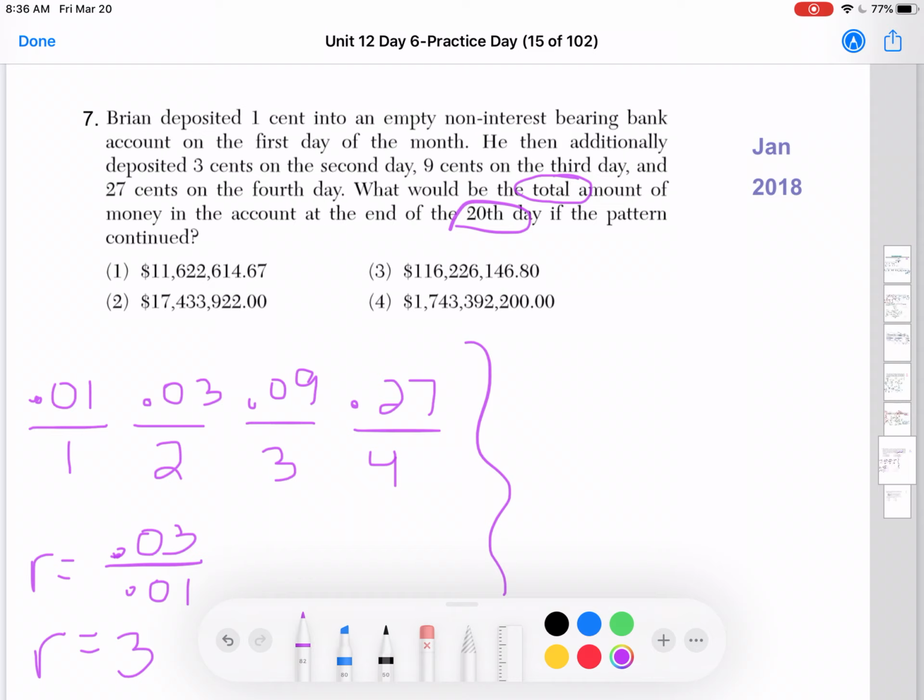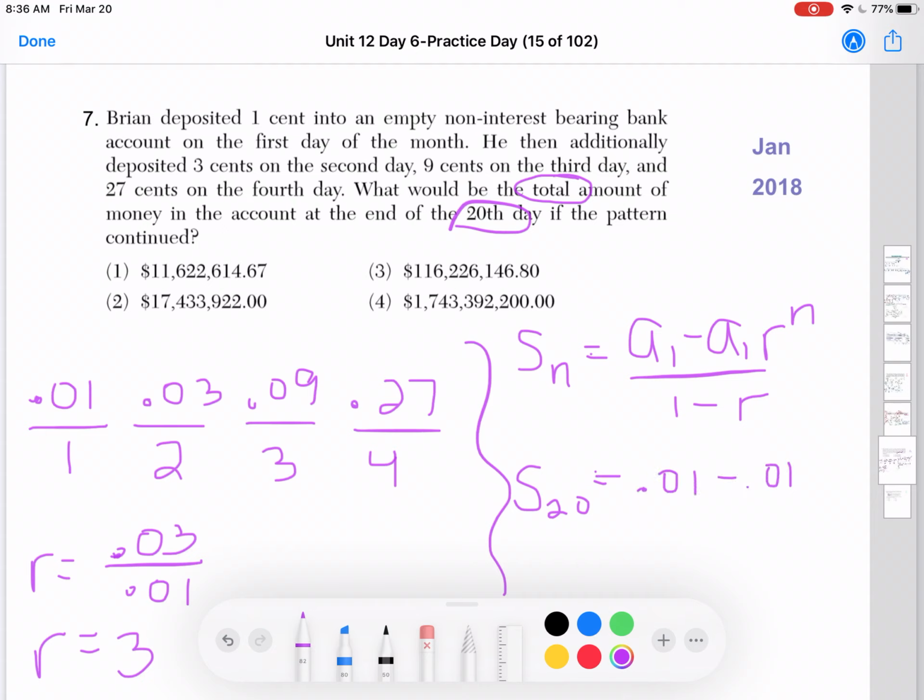And then we could just use our geometric nth partial sum formula. So S sub n equals A sub 1 minus A sub 1 times r to the n over 1 minus r. So we want to find the 20th: first term minus the first term times the common ratio raised to the 20th all over 1 minus the common ratio.